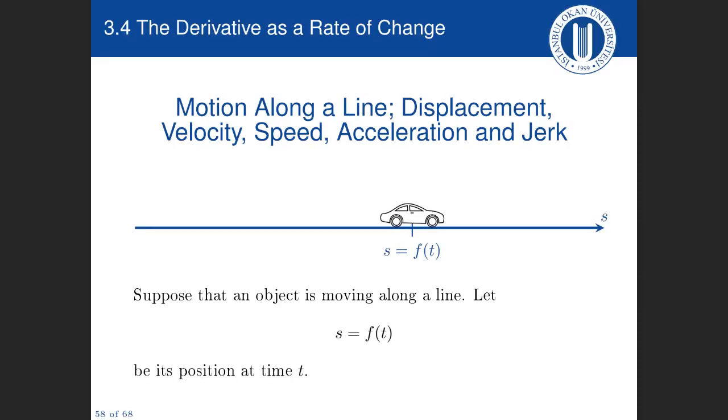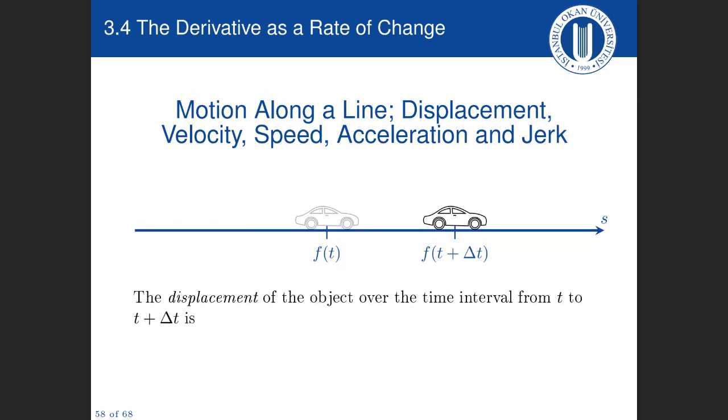We can ask, how far has the object moved if we go from time t to time t plus delta t? This is called the displacement of the object. And we know that this displacement is f at t plus delta t minus f at t, its new position minus its old position.